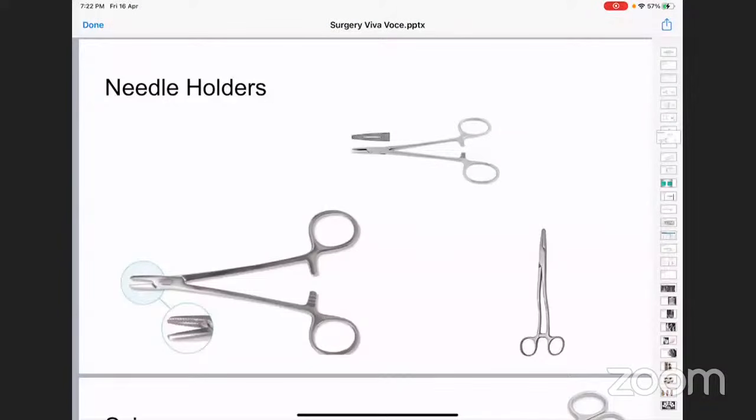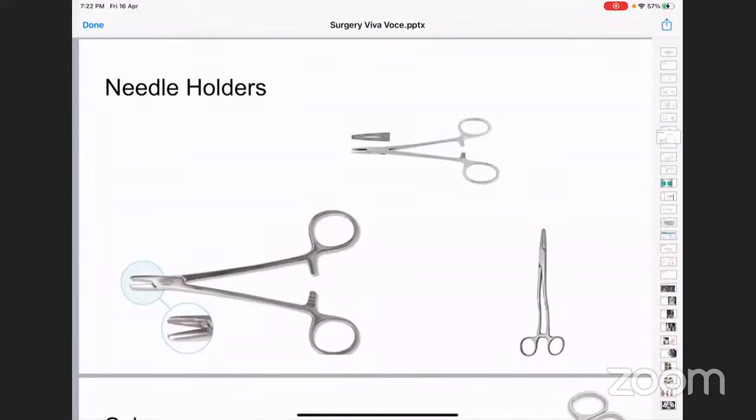And most needle holders have a linear longitudinal slit, which will help grip the needle better. The shaft of the needle holder can be either straight or kinked, as you can see in the picture here. So needle holders are obviously used to grasp the surgical needles.